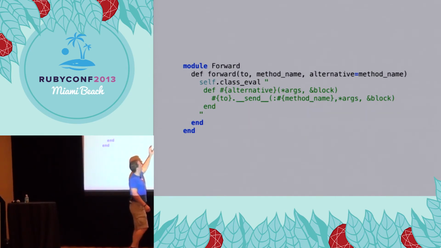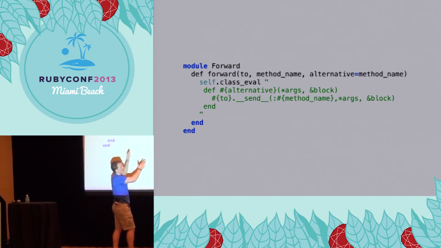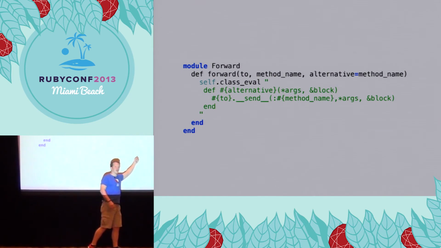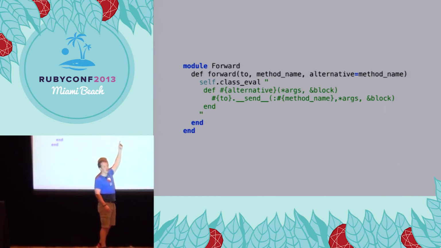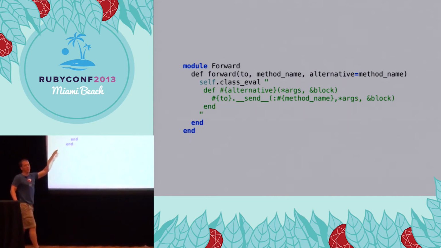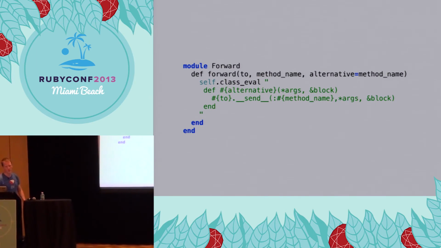And one of the really cool tricks that I found in reading this library was I can give it 3 arguments, and that third argument, if I don't give it one, if I only give it 2, it's just going to say, well, your third argument is your second argument. So it actually evaluates that, and I can reference the third one. If I only give it 2, it's just going to use the same exact name. So it just assigns it if you didn't give it a third one. That's really useful.